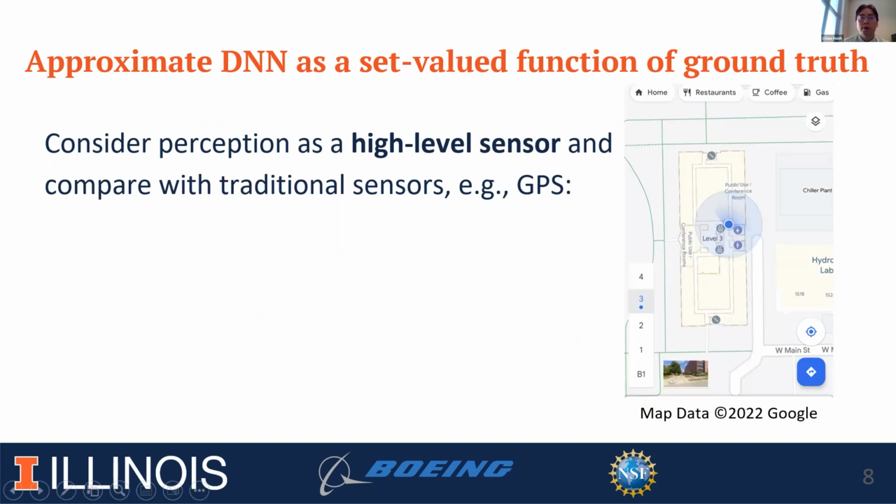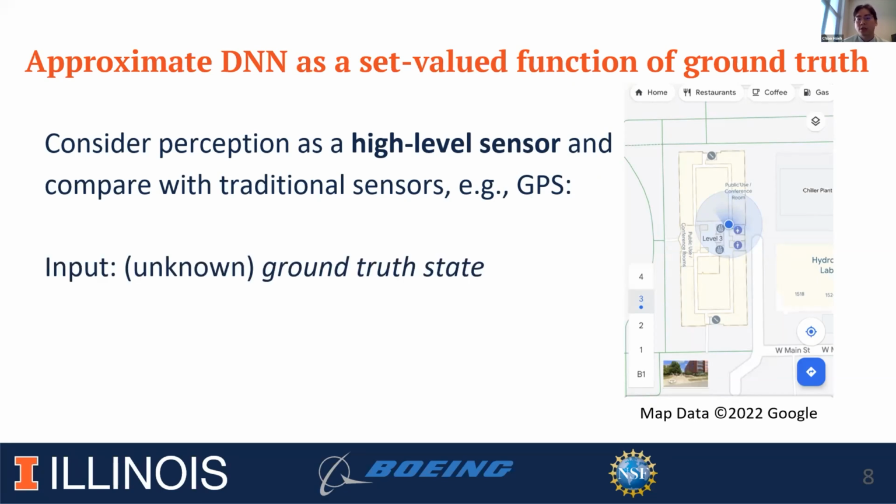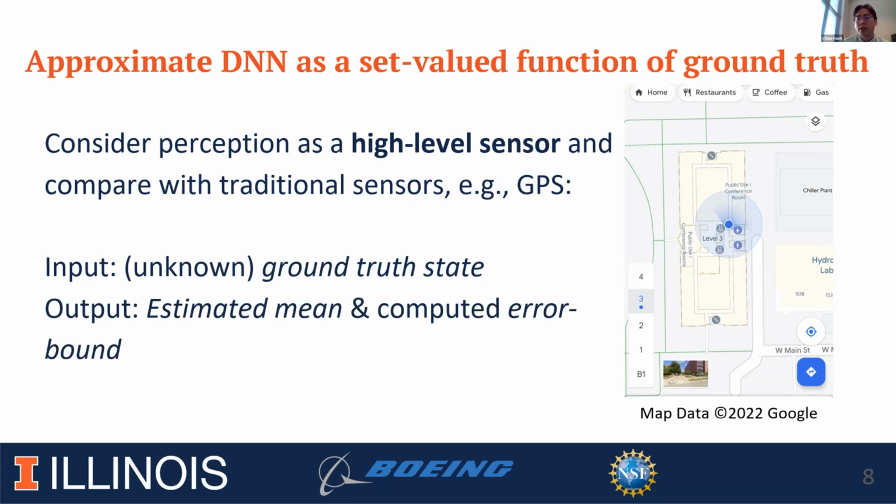In this paper, we want to find this particular template of approximation. If we consider the perception pipeline as a high-level sensor and compare it with a traditional sensor such as a GPS sensor, it is similar: the GPS sensor takes some unknown true position and provides some estimated mean value and the computed error bound to represent a possible set of estimated positions.